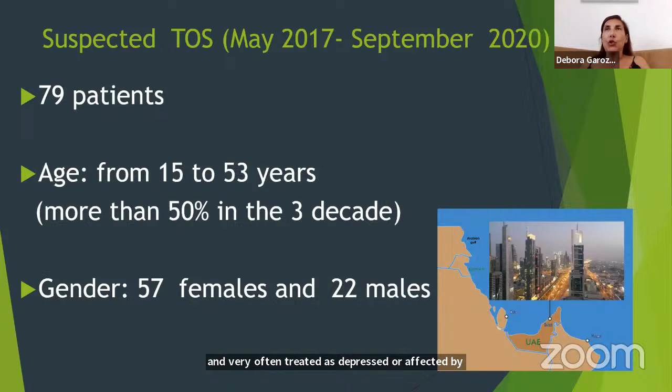Now, in order to show you the diagnostic workup that I do to be able to diagnose patients with a TOS without neurological deficits, I'm going to briefly present the experience I had over the first 3 years after I relocated in Dubai, when I was referred approximately 79 patients complaining of pain and paresthesias on the upper extremity.